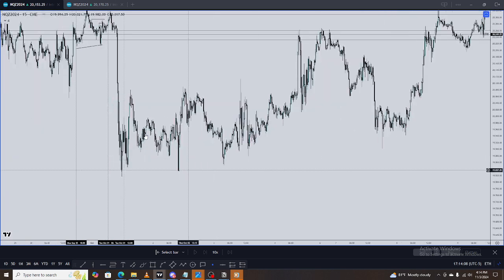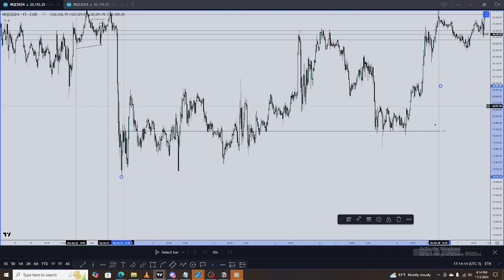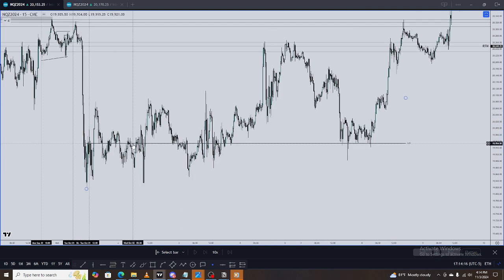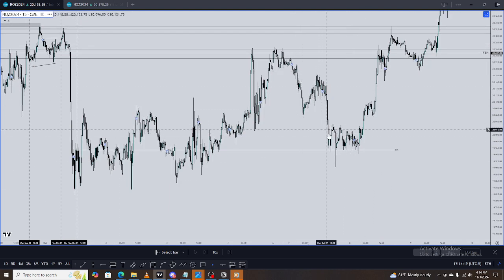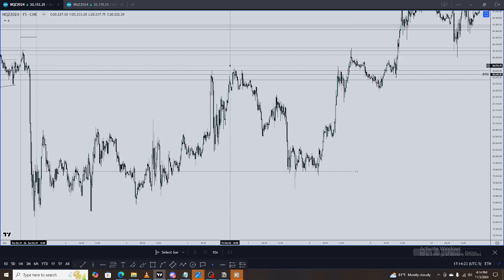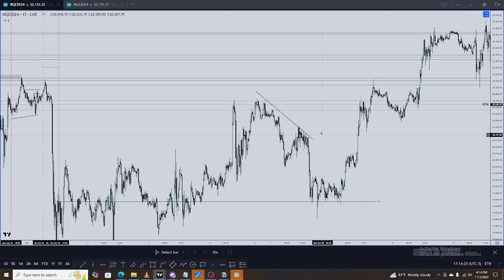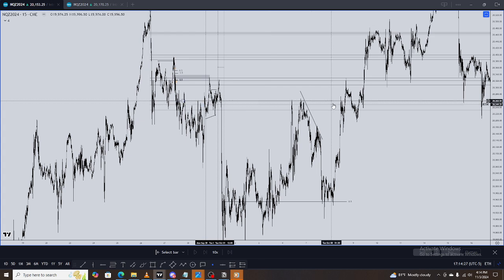All right, after this reversal, let's say that all of this acted as an equilibrium or a threshold, right? And the market failed to breach that threshold and then traded up higher, all this acting as an equilibrium.